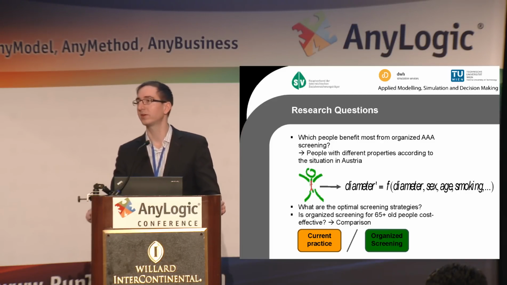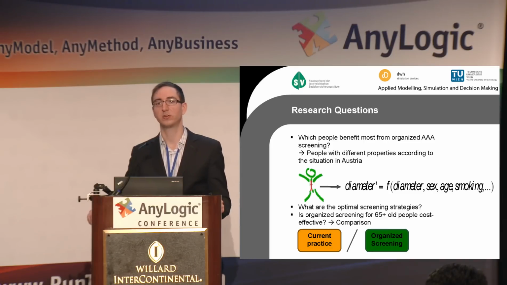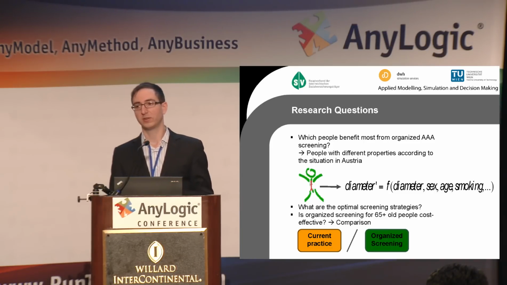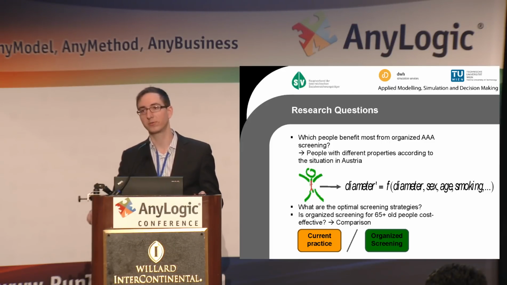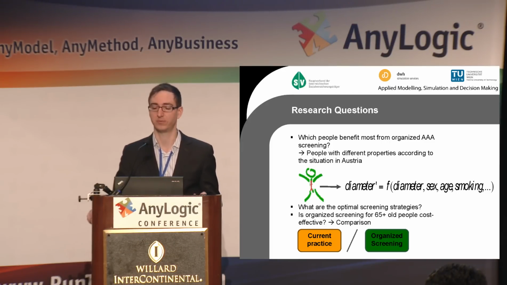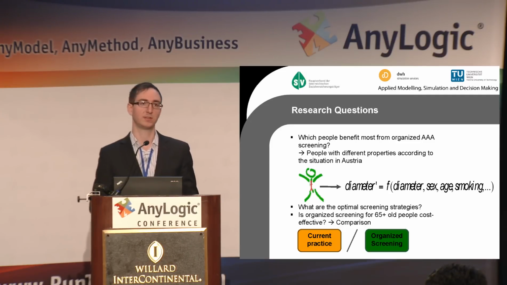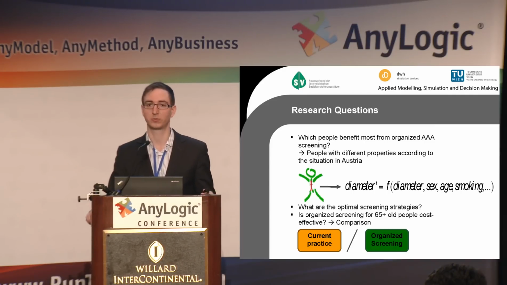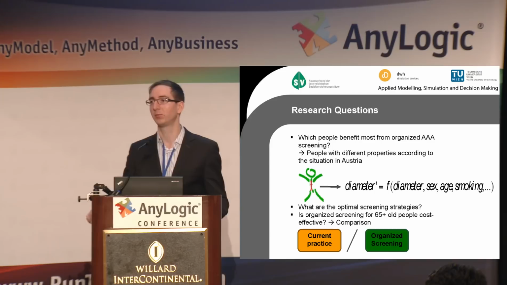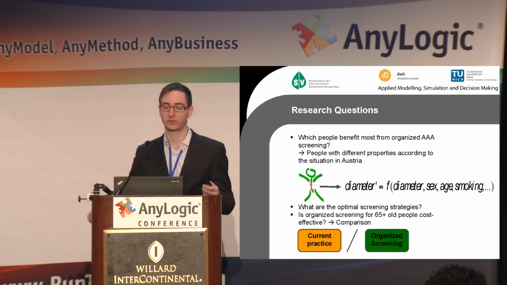So we wanted to answer the question: can we change the screening scheme? For example, is it better to screen certain risk groups more often and other people less often? And also the timing window: is it really necessary to screen annually, or is it better to screen every 2 or 3 years and increase the screening schedule when people develop other risk factors?